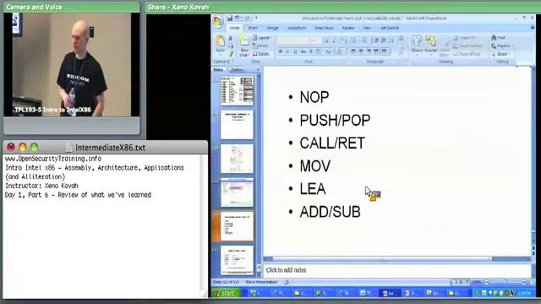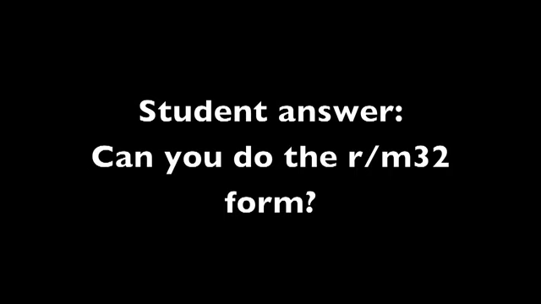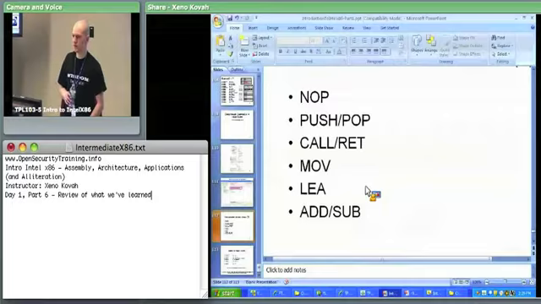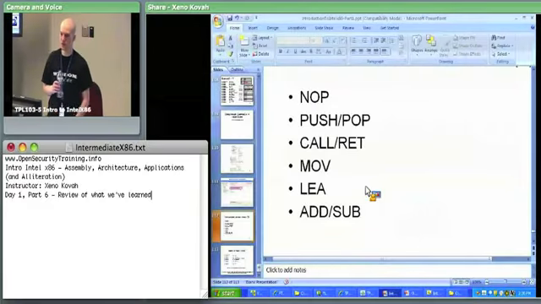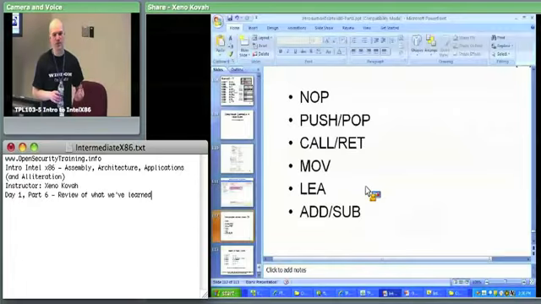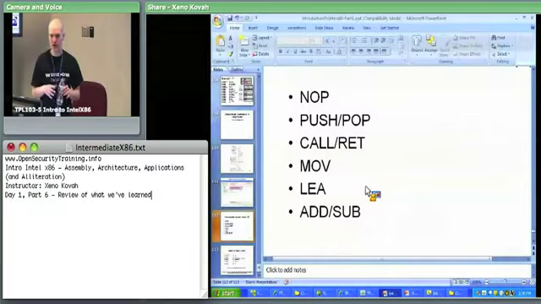Yep, and then there was one more form, the one that we haven't seen. The RM32 is really just a way of specifying memory, right? So there was one other form. It's the immediate form. You can have just some hard-coded immediate value, a constant, and move that constant into a register or into memory, basically.